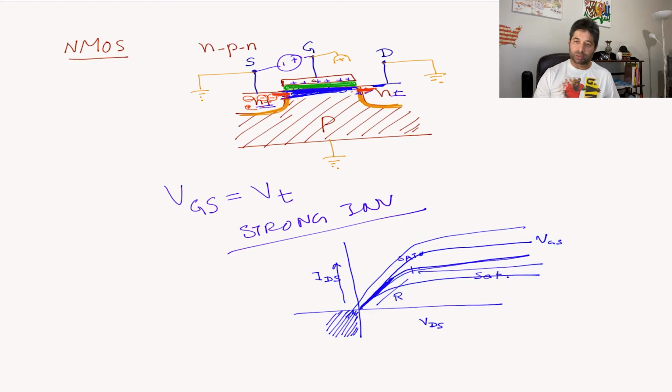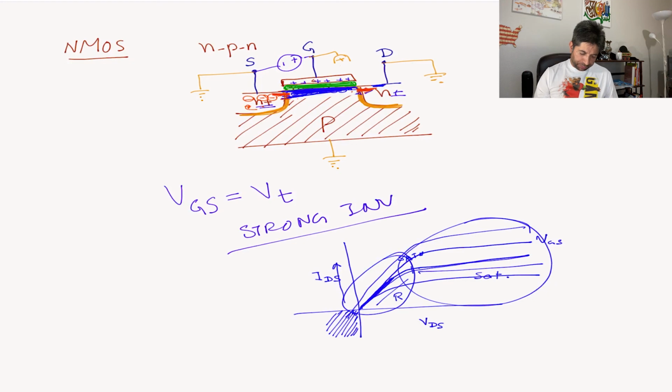You might have seen these types of curves. This is the saturation region, this is the resistive region. I think that describes pretty much the three regions of operation of transistors: cutoff, resistive, and saturation.